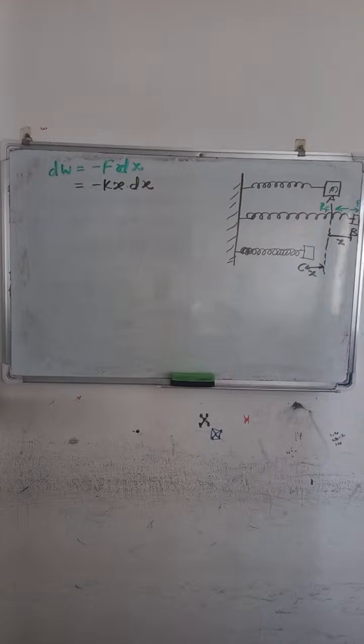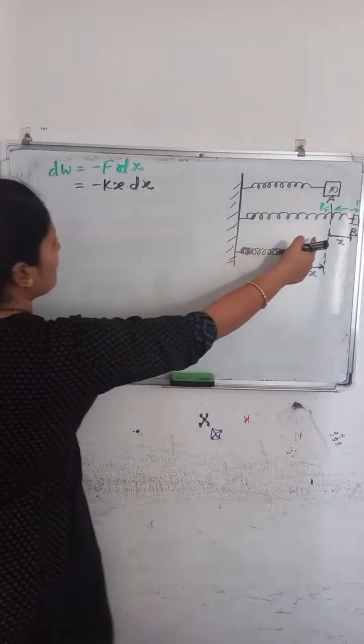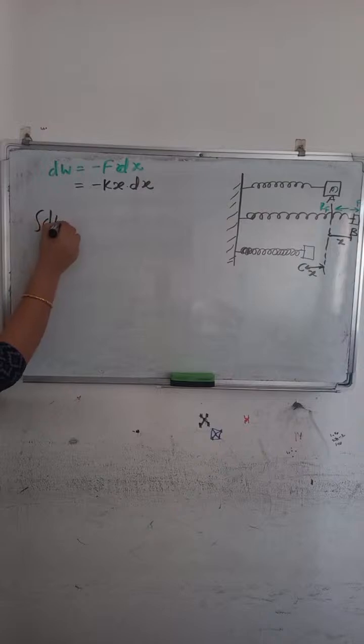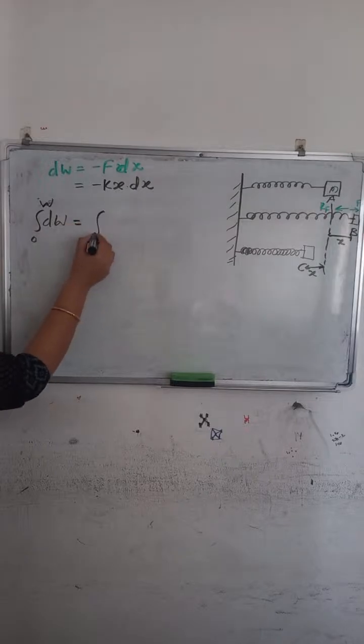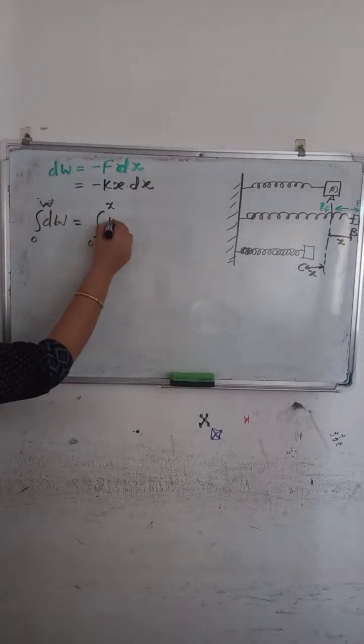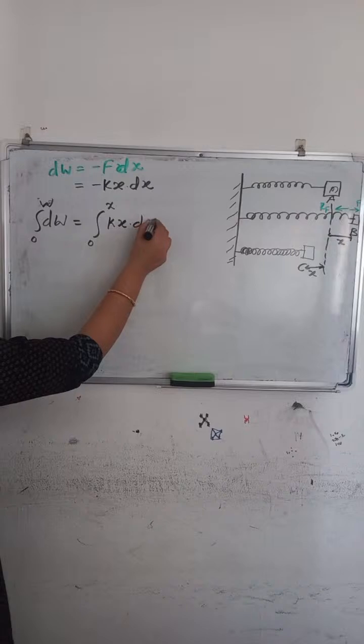Now if we want to calculate the total work done, we are displacing from the mean to the maximum position x, so we can integrate on both sides, 0 to W on the left and 0 to x on the right. We can take the magnitude, kx into dx.